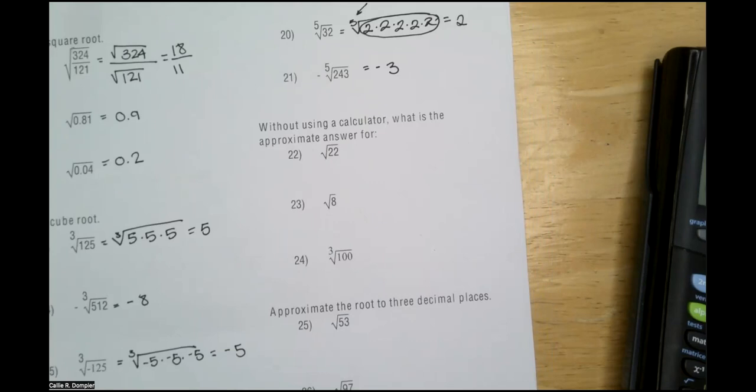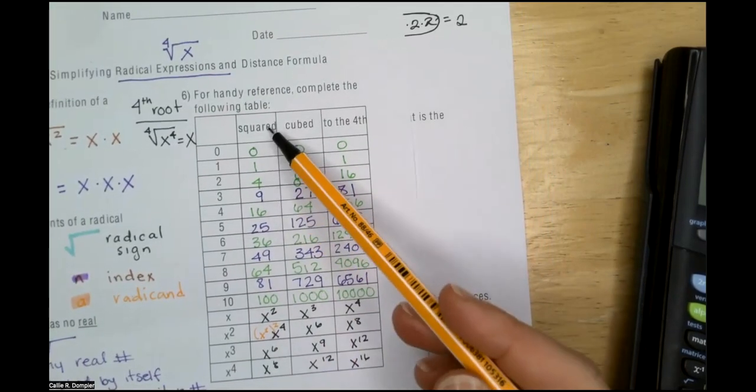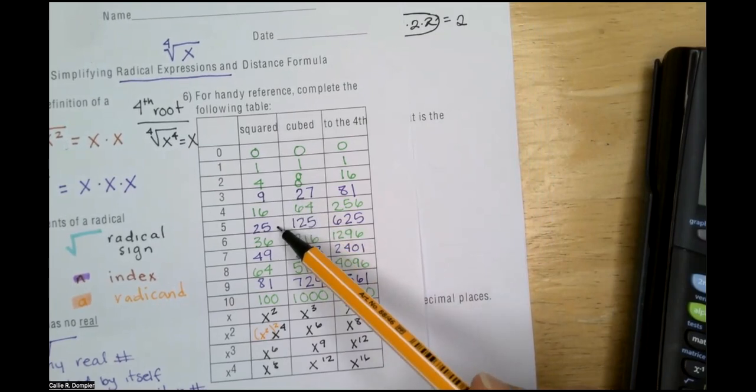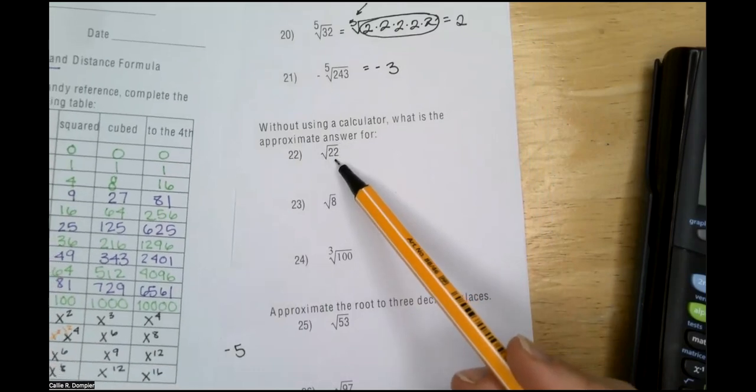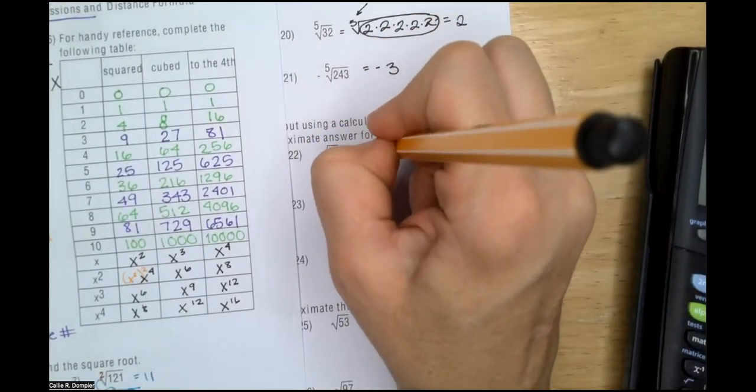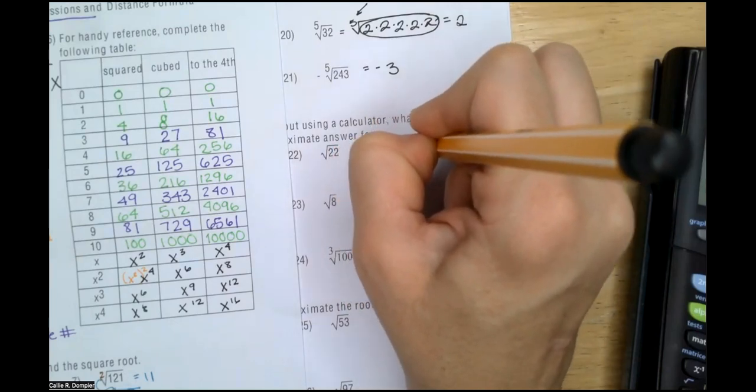Okay, without using the calculator, what is the approximate answer for the square root of 22? This we would use our table for, right? Square root of 22. It's not 2, it's not 3, it's not 4, it's almost 5. If we had the square root of 25, it would just be 5.